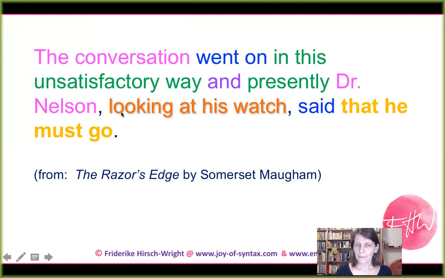Because the subject of the first main clause in this compound sentence is conversation, is not identical with the subject of the second main clause. It would have been confusing, I think, for the reader to first see the action and then see the subject. So I think it was very helpful to let us see the subject, Dr. Nelson, first, and then to present the predicate appositive, which lets us see him doing something.